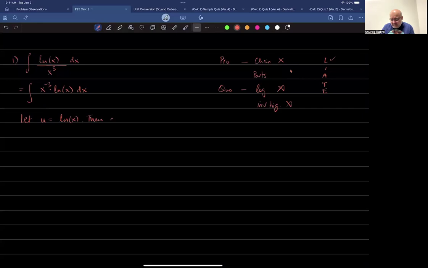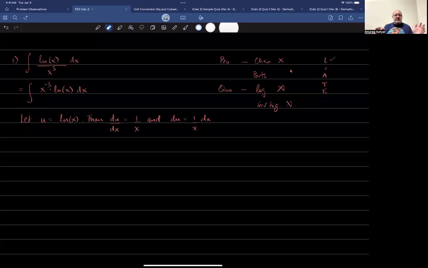Then du dx is equal to 1 over x. And du is equal to 1 over x dx. All I'm doing is moving this dx over to the other side. But again, you're telling me in words that you're letting u equal to ln x.